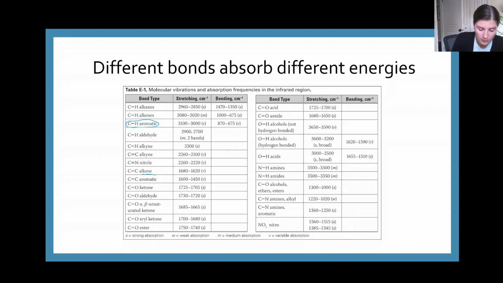We also have a row for carbon to carbon double bond in aromatic rings. If we have any other aromatics, there's carbon to nitrogen aromatic. And these other groups on this table will be important too, like if we have a phenol group, we'll look for an OH as well.